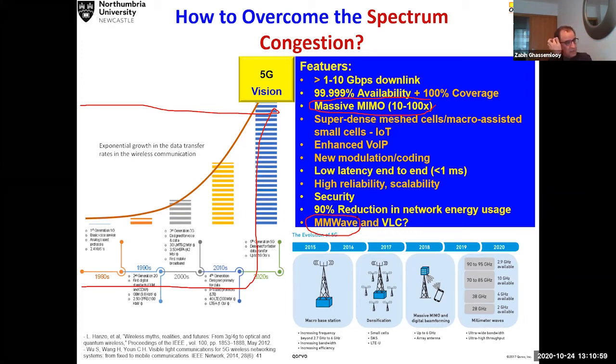With light, you can have hundreds of lights within a small area, and that is already your massive MIMO transmitter. So 5G and 6G are talking about a technology which caters for comprehensive multimedia-based services, but using different wireless technology. That is still open for questions.